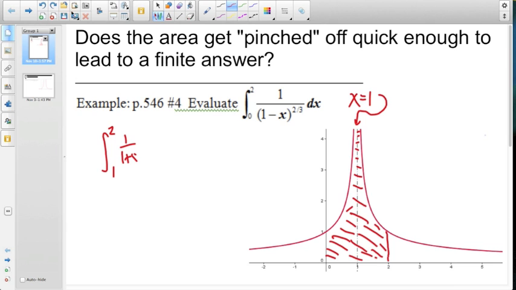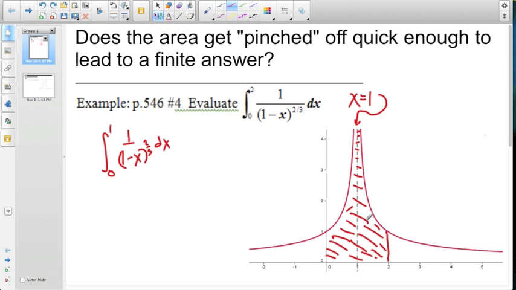And so we have a left-hand side here that is from 0 to 1 of 1 over 1 minus x to the 2/3 power.